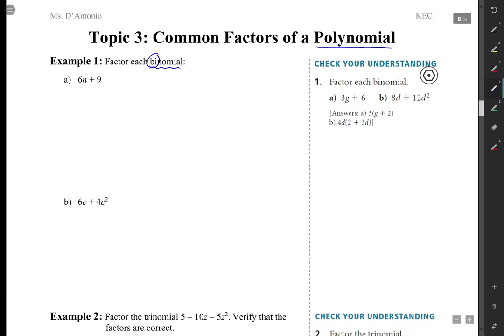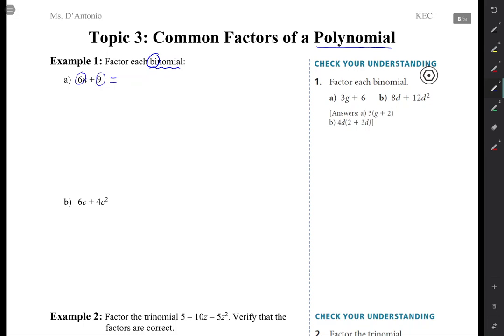To start off, we want to look at the coefficients and the variables separately when we're factoring. I start with the coefficients, 6 and 9, and think to myself, what's the biggest number that divides into 6 and divides into 9?